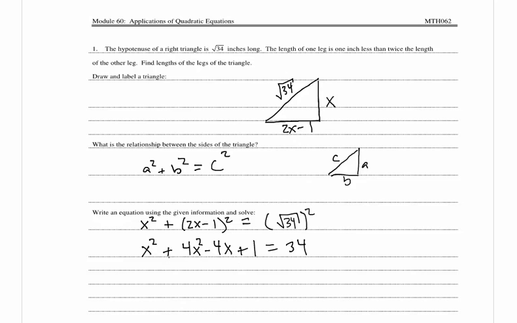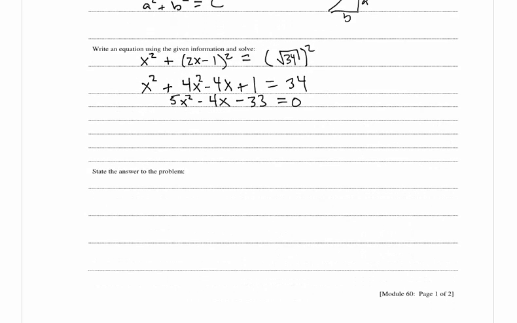So we have x squared plus 4x squared is 5x squared minus 4x, and then we have 1 minus 34, so we have minus 33 is equal to 0. And now we're going to use the quadratic formula to solve this. And remember, a is 5, b is negative 4, and c is negative 33.